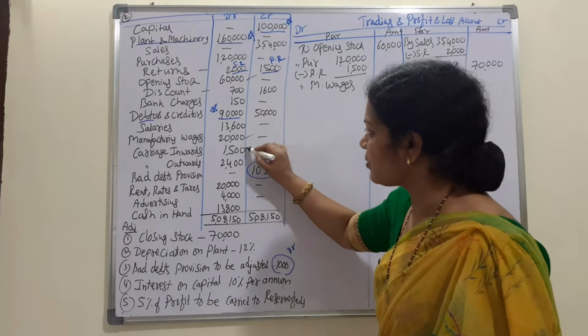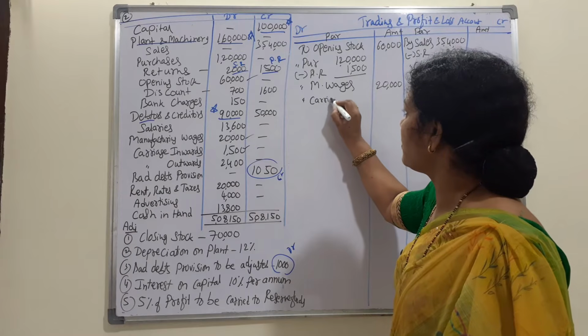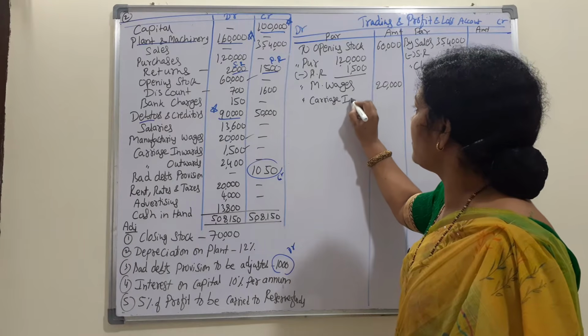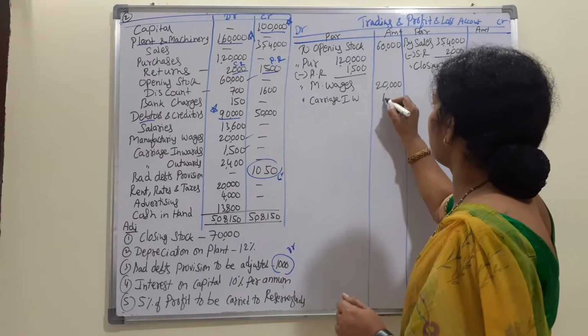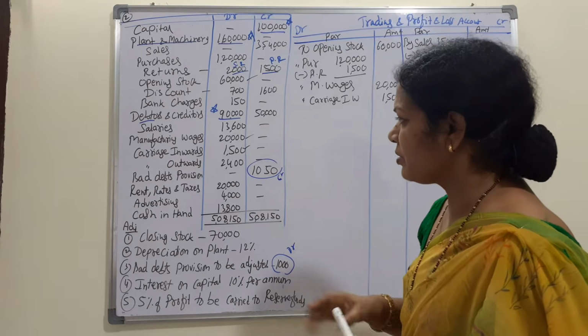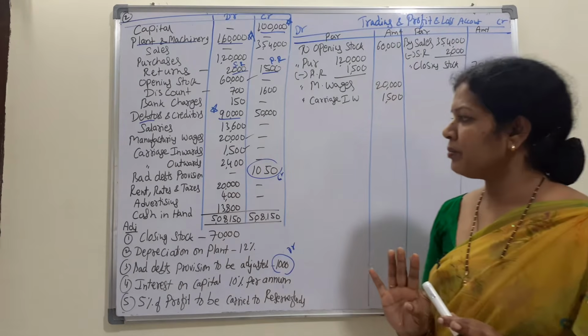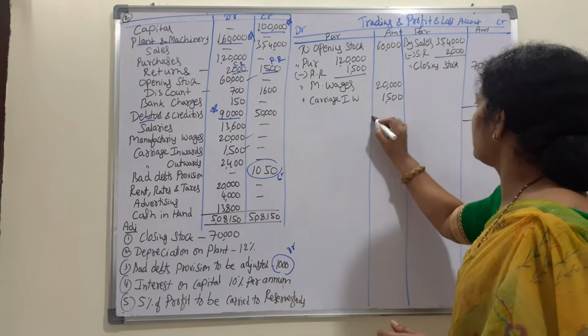This is also direct expenses. Carriage inwards are 1,500. Anything else? That's all. We have taken everything. Now first we'll close this.